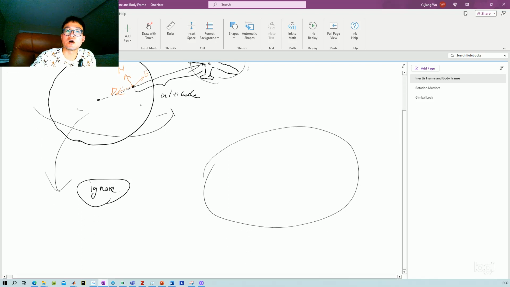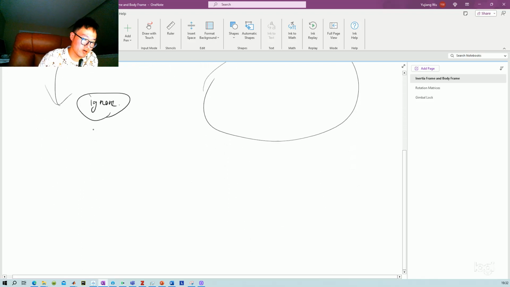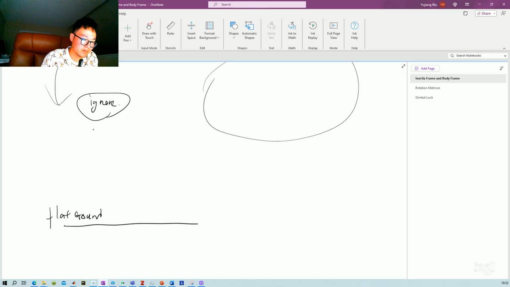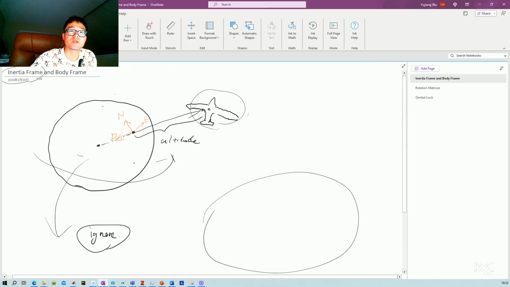Also, we can assume the Earth is actually flat ground, because your plane is not flying across the Earth in an instant.